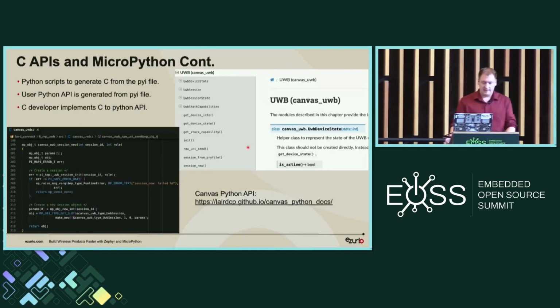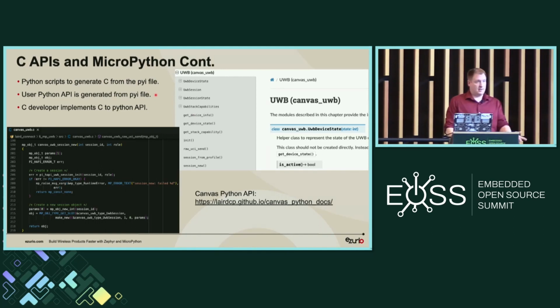And why that's nice is we have Python scripts to generate C stub code from the PYI file. That C stub code is used to do a lot of common code that's needed to integrate the C in with Zephyr. And then also, that PYI file is used to generate our user-facing documentation.